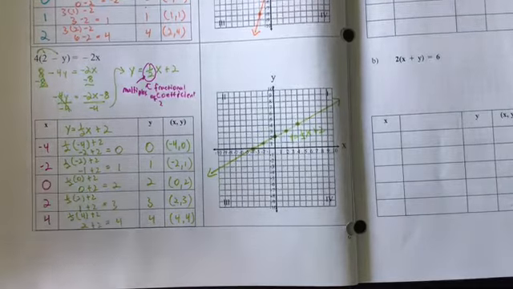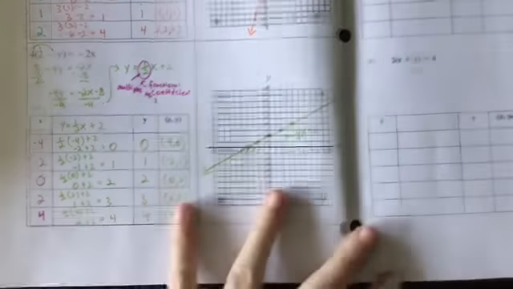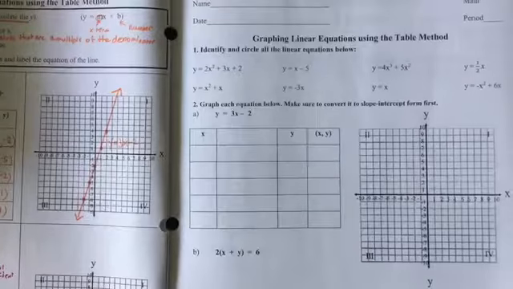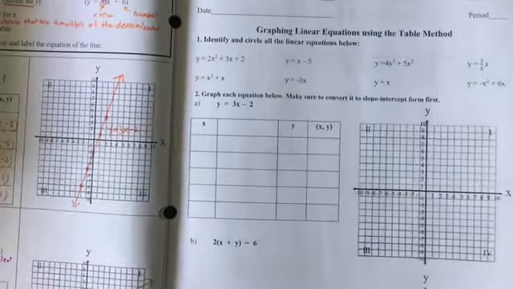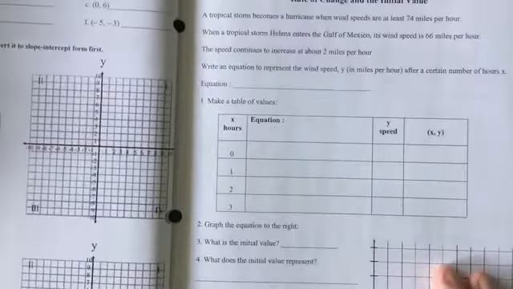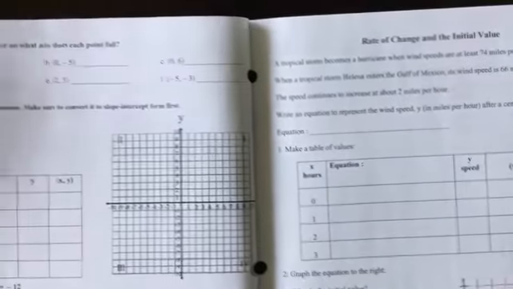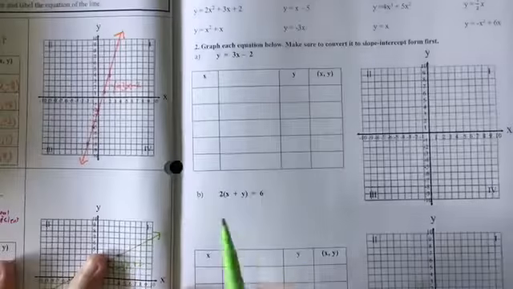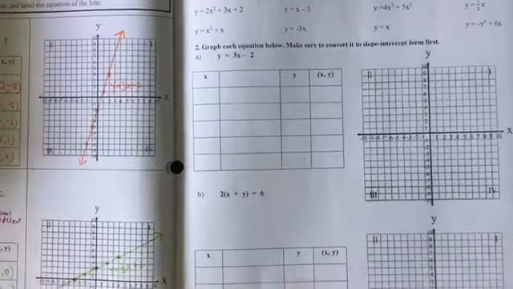Okay? So on your classwork today, you're going to complete pages 7 and 8, where we're doing some work with linear versus nonlinear, graphing using the table method, and some general coordinate questions. So as you're going through and you're graphing, right, we have to make sure everything gets put into slope-intercept form.